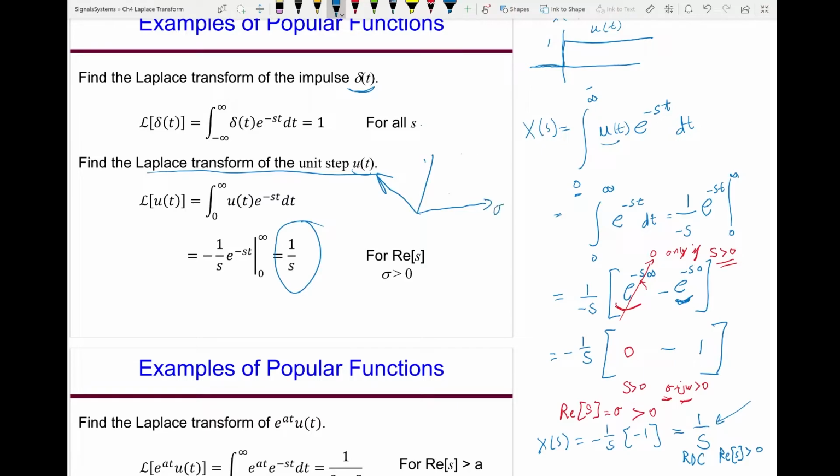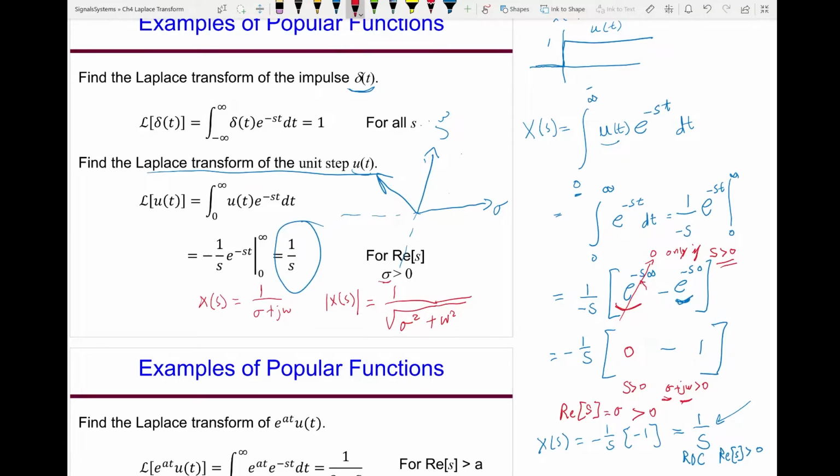Here is sigma, here is j omega. Now if I plot the magnitude, first let's express s as sigma plus j omega. Then the magnitude will be 1 over the square root of the real part squared, that's sigma squared, plus the imaginary part squared, that's omega squared. Now, sigma must be larger than 0.